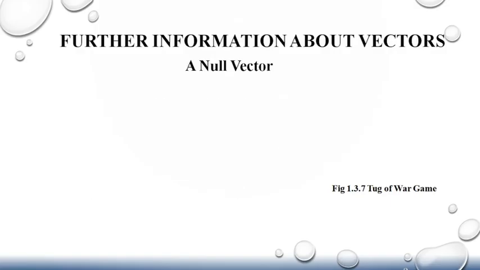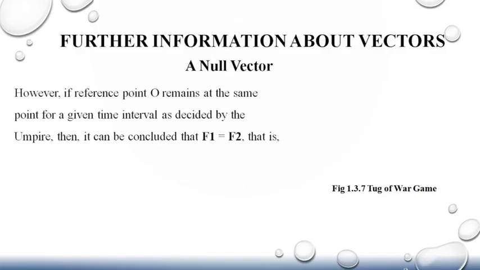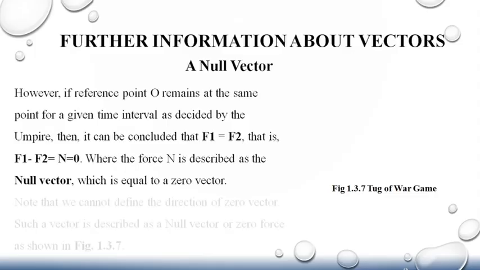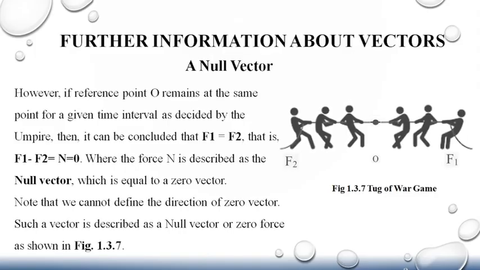However, if reference point O remains at the same point for a given time interval as decided by the umpire, then it can be concluded that F1 is equal to F2. That is, F1 minus F2 is equal to n, which is equal to 0, where n is described as the null vector, which is equal to a 0 vector.